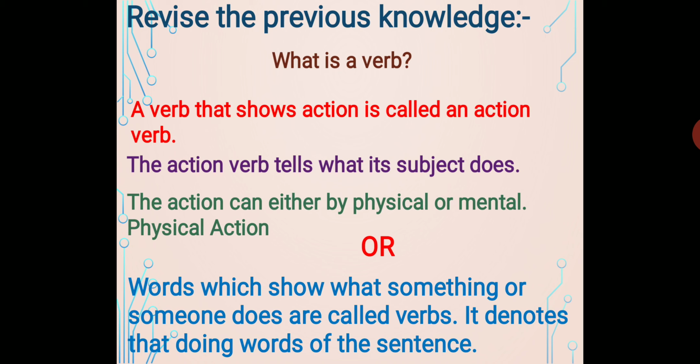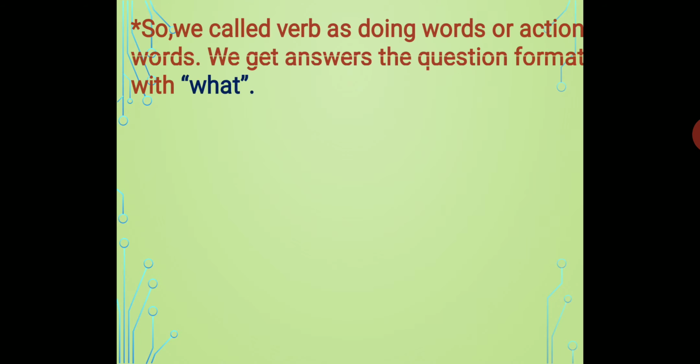So we can say that words which show the action in the sentence are called verbs. So we call the verbs the doing words or the action words.